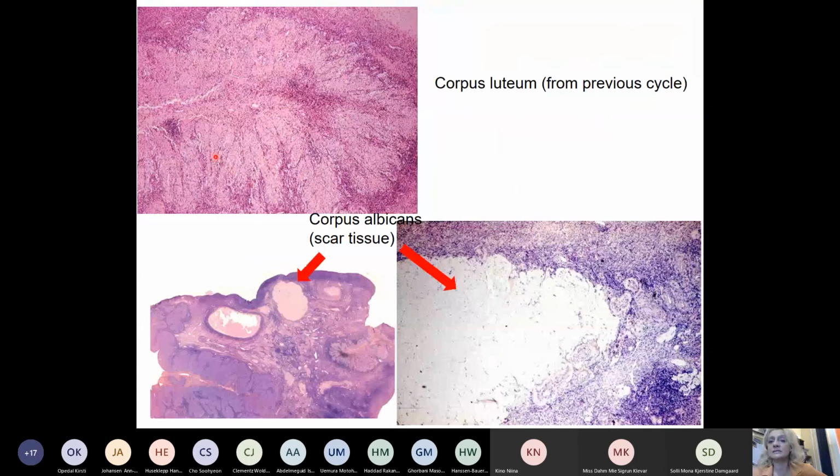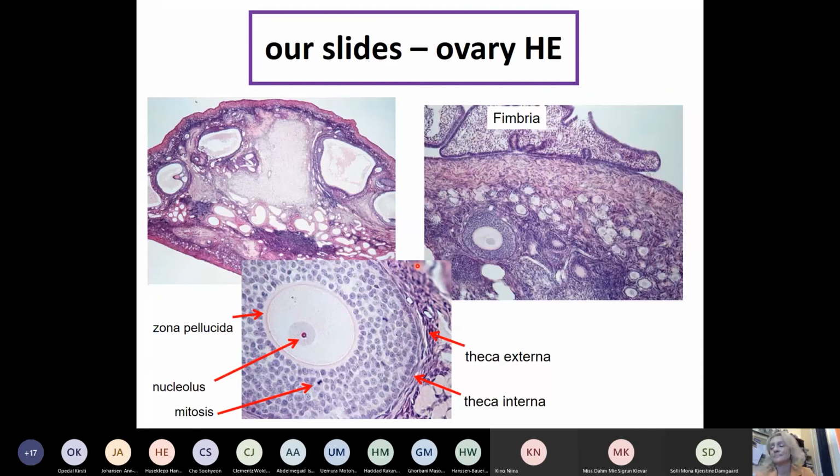And in the slide, you can discover corpus luteum from previous cycles. When it becomes a scar tissue, then you can just see a white scar, a connective tissue part. This is the corpus albicans. Corpus albicans, albus means white. So this is our slide.